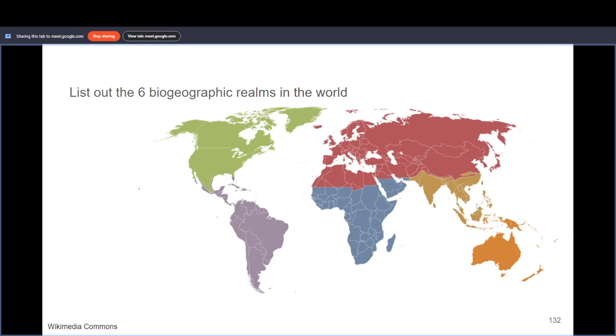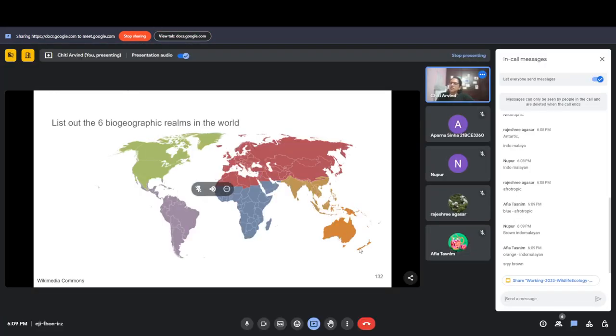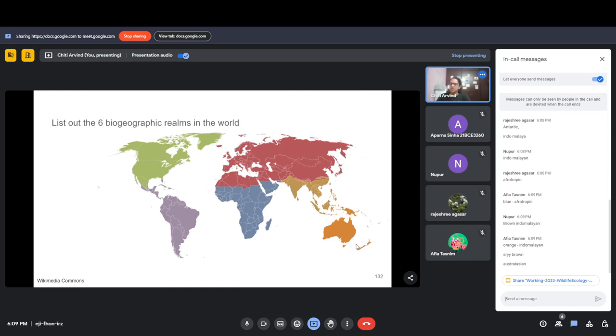What about this one in orange, down? Any idea of what the brown could be? Australasian, that's correct.